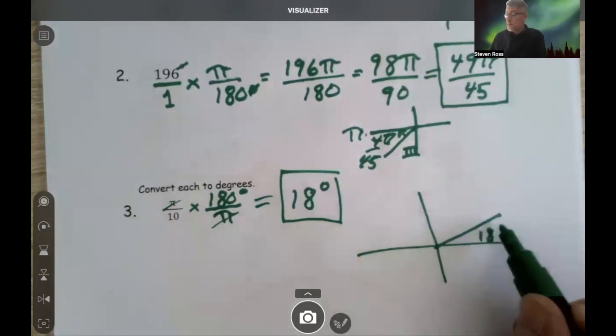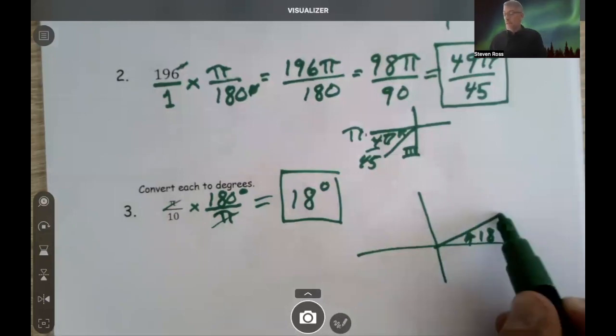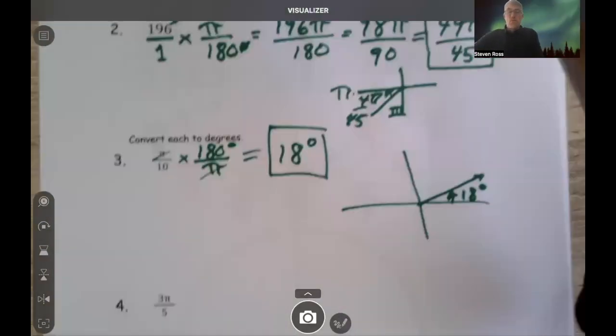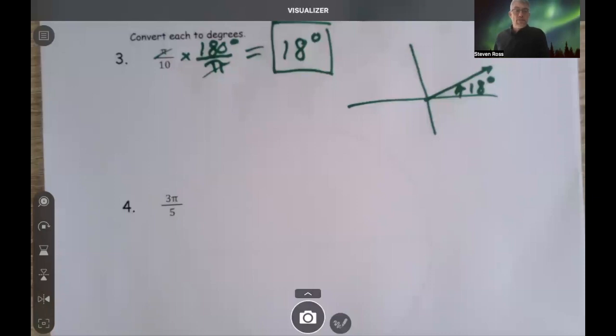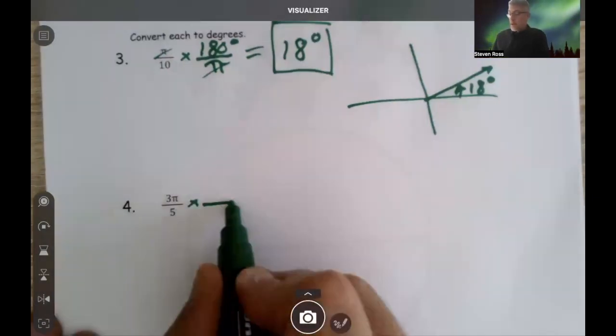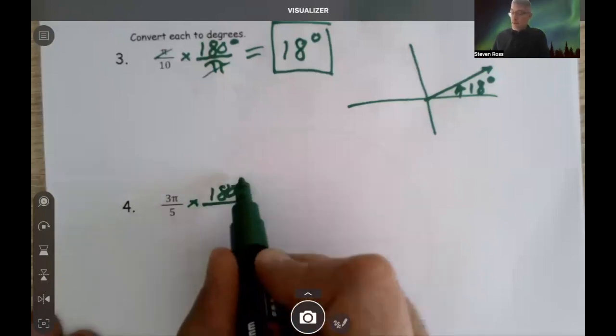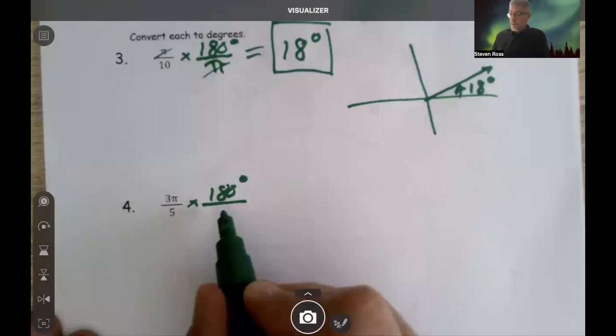18 degrees would be that reference angle. Okay, one more. Go to 3 pi over 5. I'm going to multiply again by 180 degrees over pi.